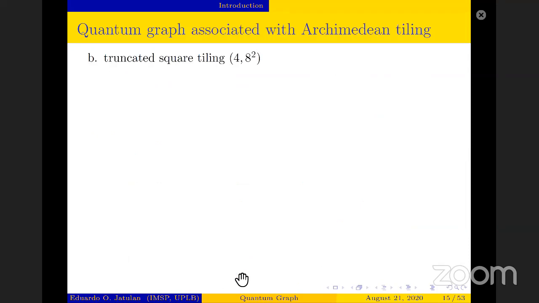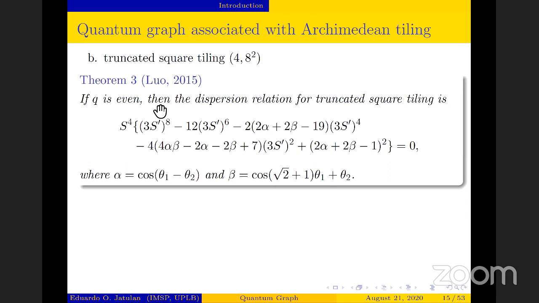He also considered the truncated square tiling, with a configuration at each vertex of one square and two octagons. He derived this dispersion relation: if we have a Q along the edges in the fundamental domain that are the same and even, then he came up with this dispersion relation.